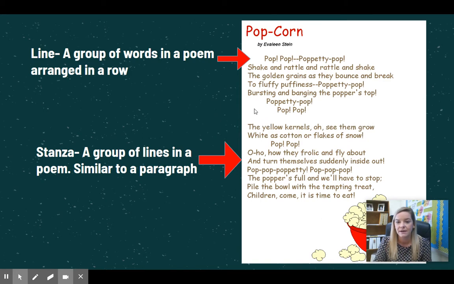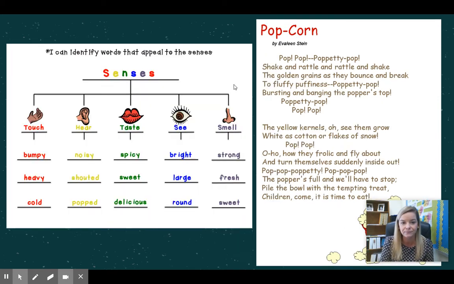Now, if we go back up to our first stanza and I count the number of lines, I have 1, 2, 3, 4, 5, 6, 7 lines in my first stanza. So I want you to keep those words in your mind, line and stanza in a poem.